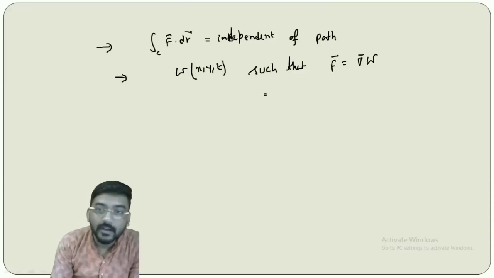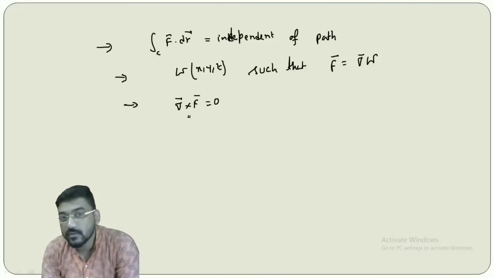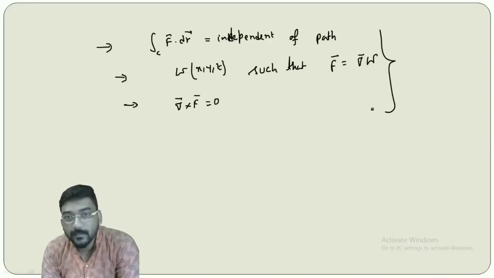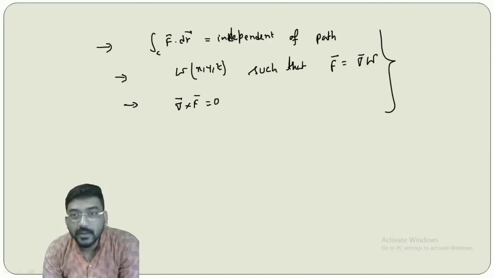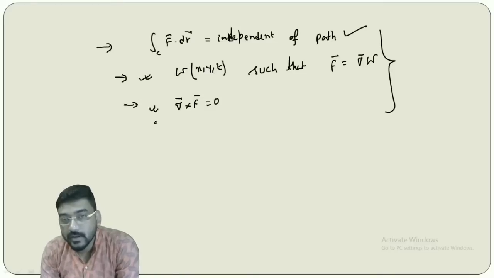And if f is equal to gradient of w, then we can prove that curl of f is equal to 0. So these three are all properties of a conservative force f. If the path independence result holds, then these two results will hold automatically.